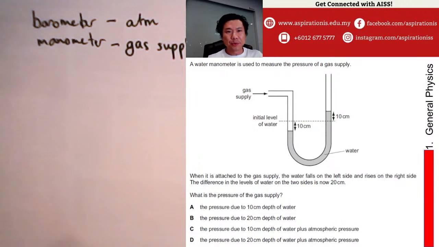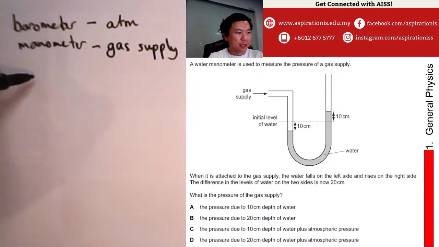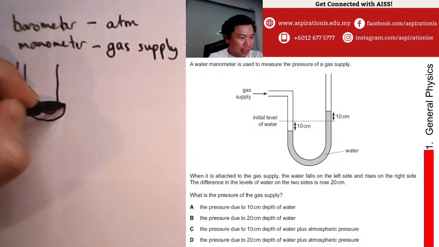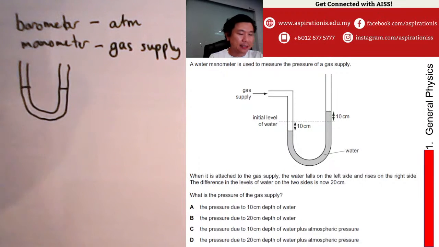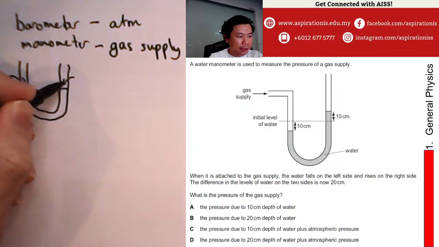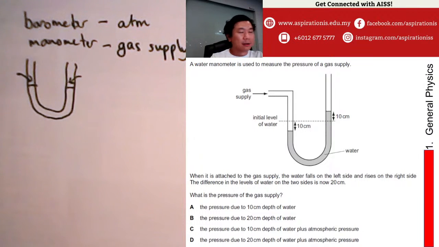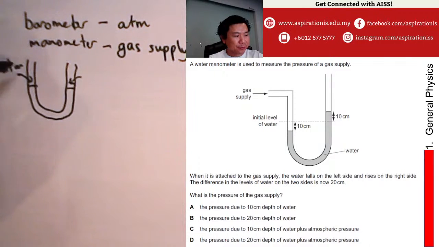Before we go there, let's say the liquid levels are the same. What is the pressure here and what is the pressure here? The pressure on both sides is equal, and the pressure will be the atmospheric pressure.